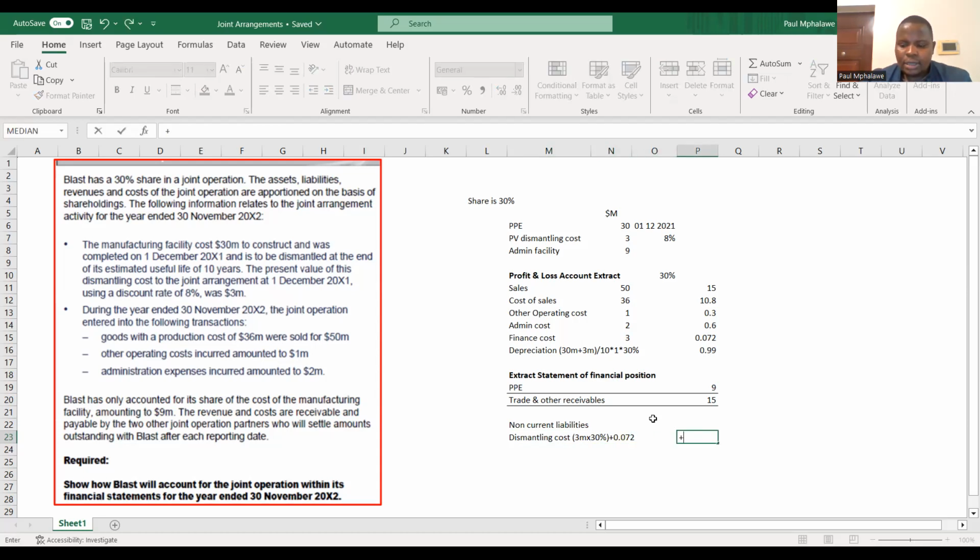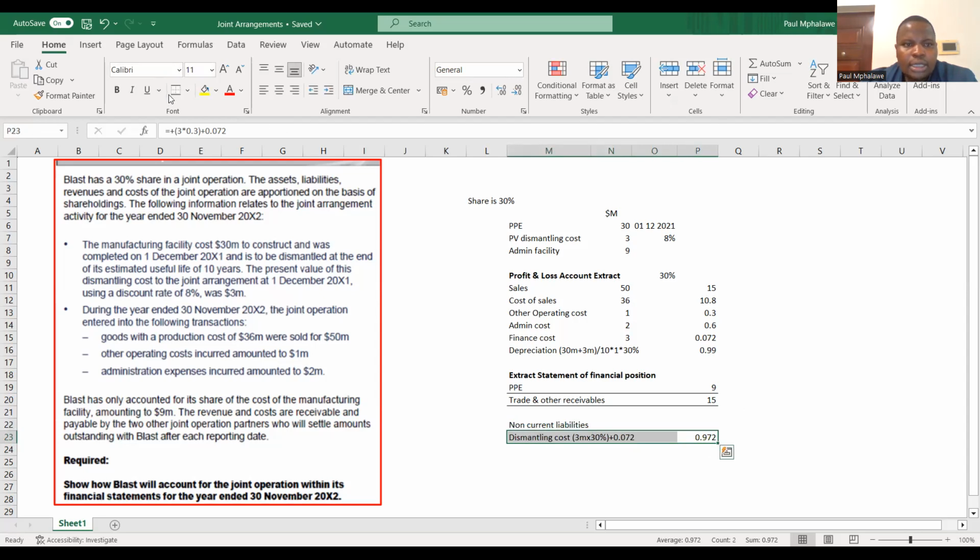So we are saying, open bracket, 3 million times 0.3, that is a share, plus 0.072, that is 0.972. My friends, that one is non-current liabilities. What other extract should we account for? Current liabilities.